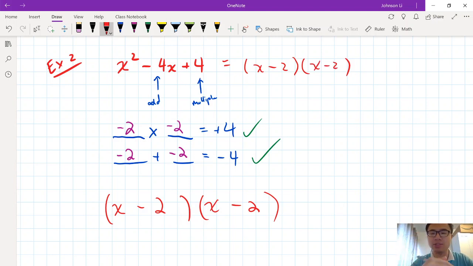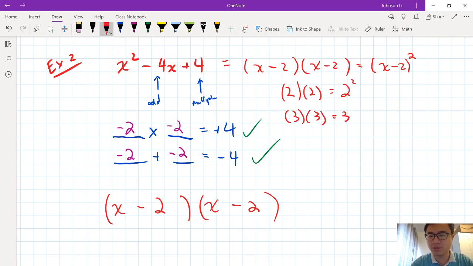What people like to do is that because these two are exactly the same, we could simply rewrite this as x minus 2 to the power of 2, because it's just the same thing being multiplied by itself, similar to how 2 times 2 is just 2 to the power of 2, or 3 times 3 is 3 to the power of 2, because it's just multiplied by itself twice.